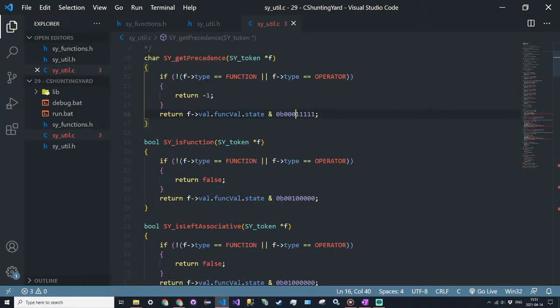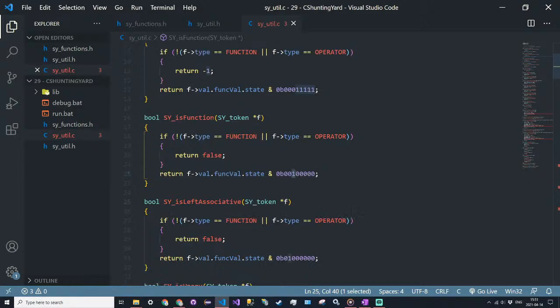Alright, so that's precedence. Then the is function. We're just going to take the bitwise mask of the 6th bit, and we return a boolean, and the boolean will be true if the value is not 0. So if this bitwise AND results to the 6th bit, then it will return true.